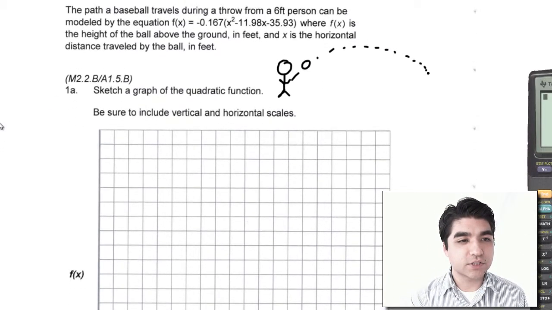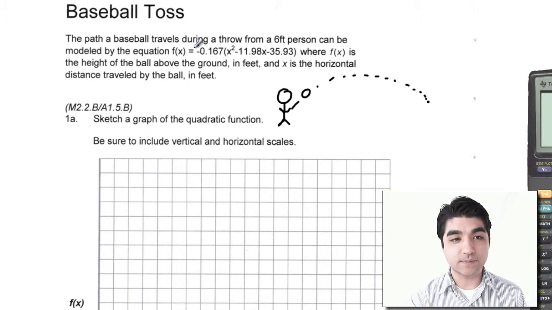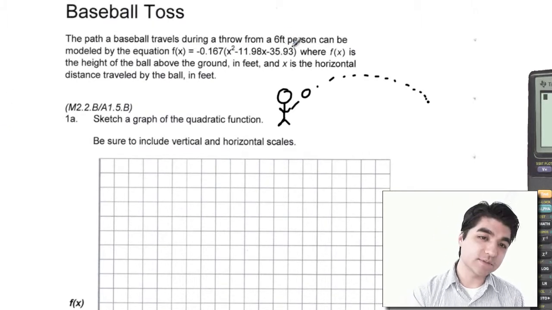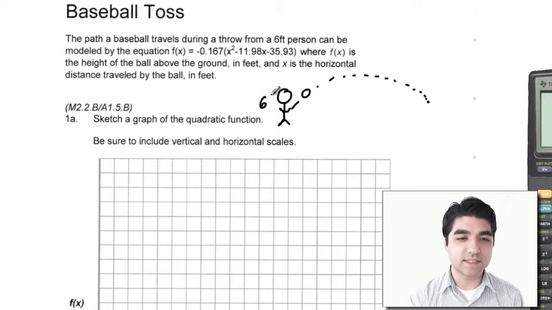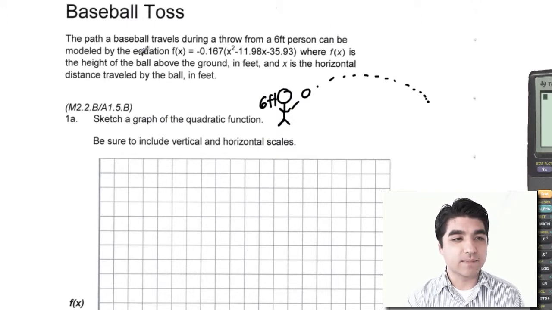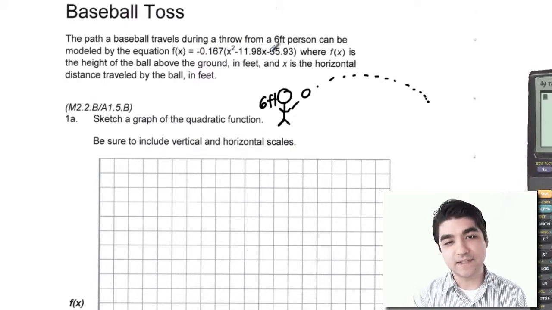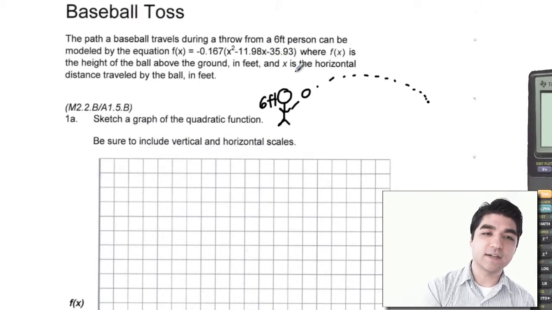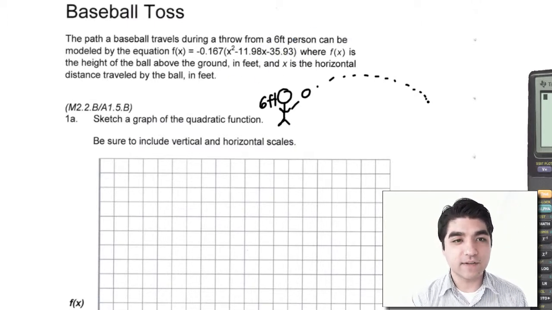The first question says the path of a baseball during a throw from a 6 foot person can be modeled by the equation f of x equals negative 0.167 times the quantity x squared minus 11.98x minus 35.93, where f of x is the height of the ball above the ground, and x is the horizontal distance traveled by the ball in feet.